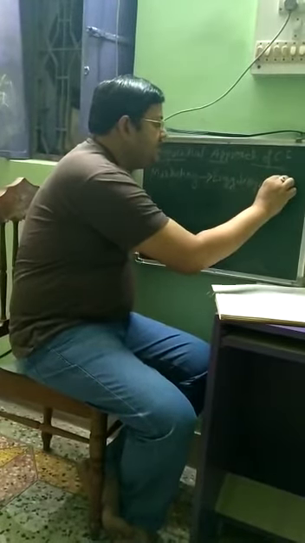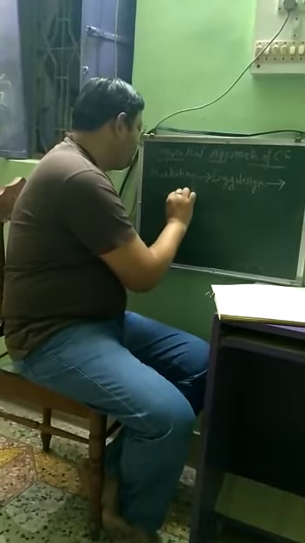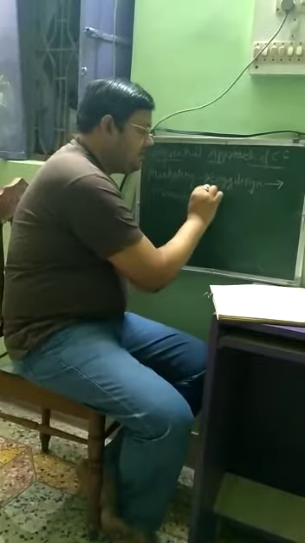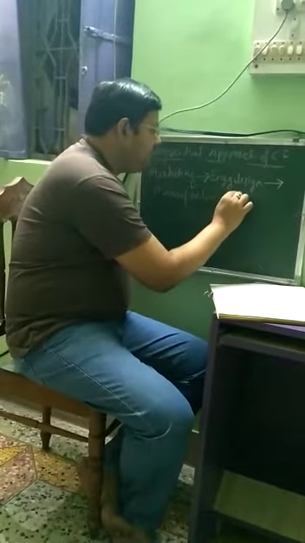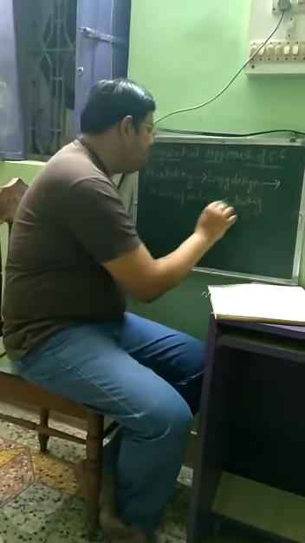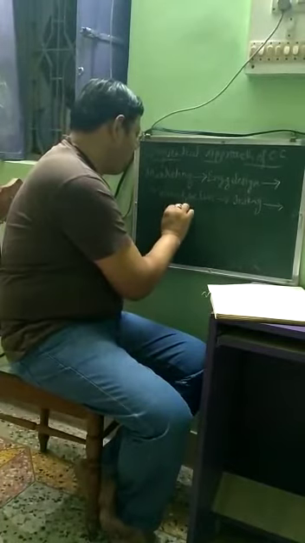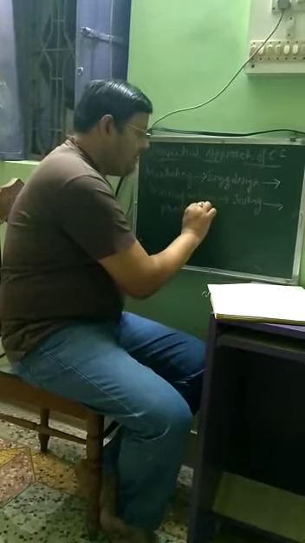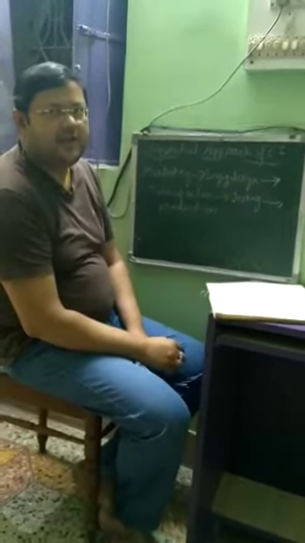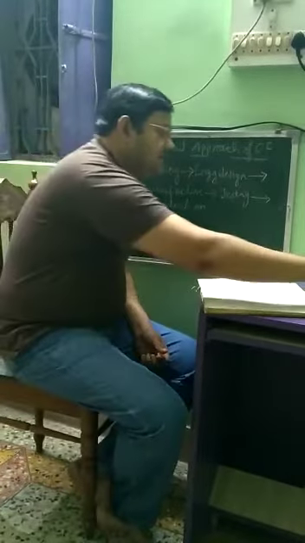And from engineering design it goes to manufacture, then for testing, and finally to the production. So this is the sequential approach of concurrent engineering, which plays an important role in the product design.